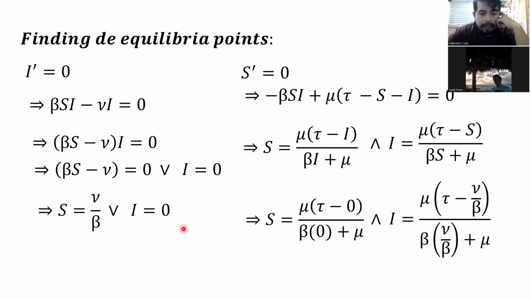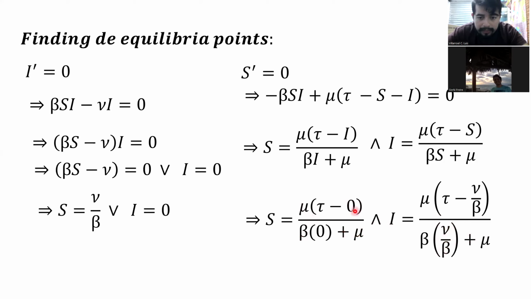Taking I equal to 0 and replacing that in the first equation for S, we are going to have that S is equal to mu times tau minus 0 over beta times 0 plus mu. And replacing S in the second equation, we are going to have that I is equal to mu times tau minus B over beta, over beta times B over beta plus mu.